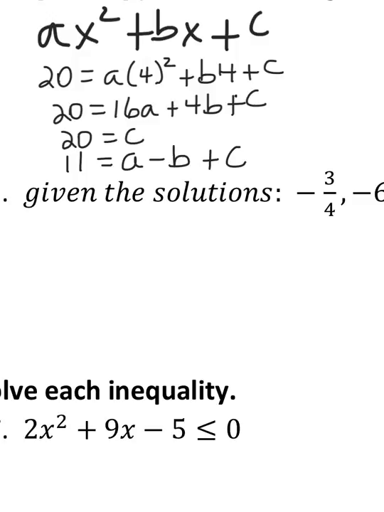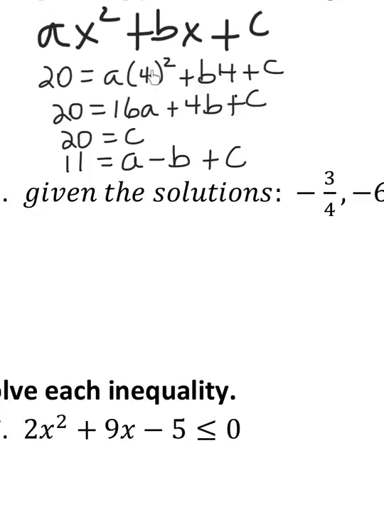And the first equation we get for the first point is 20 equals a times 4 squared, because x is 4, plus b times 4, x is 4, plus c. So our first equation is 20 equals 16a plus 4b plus c.